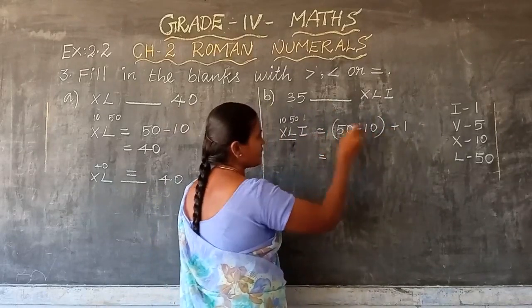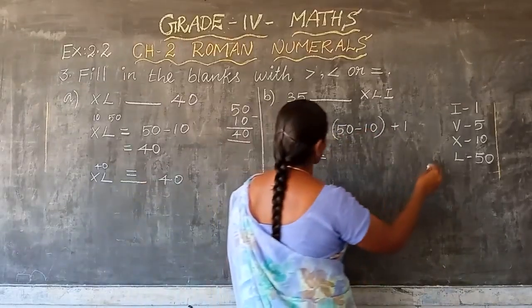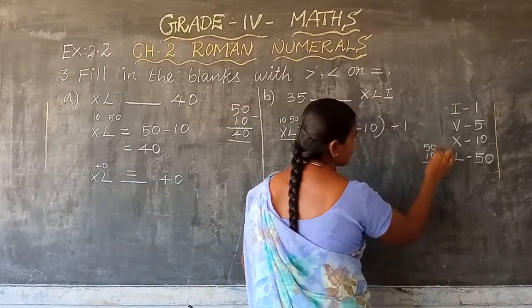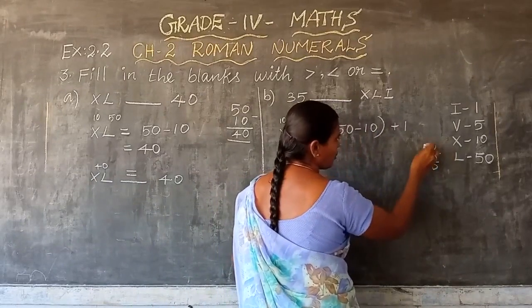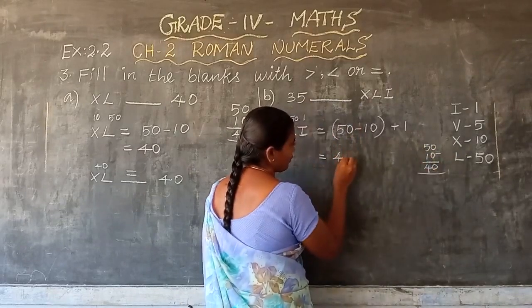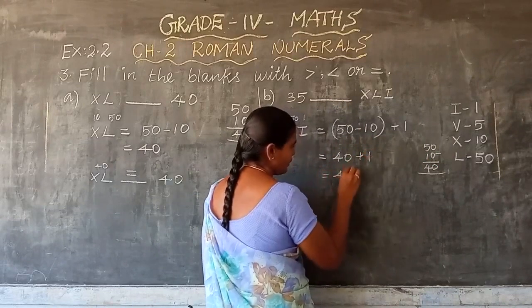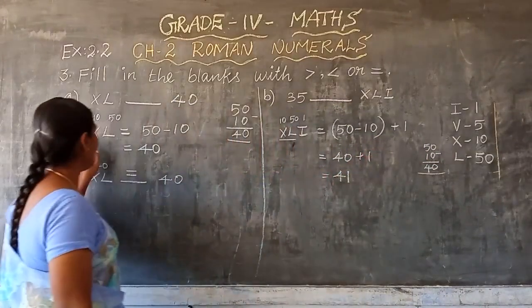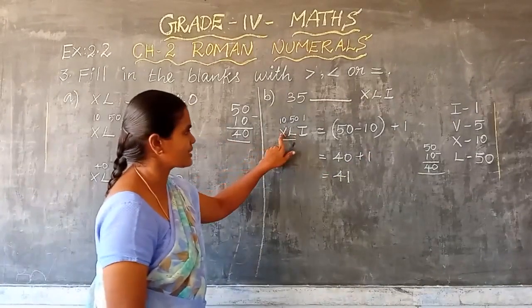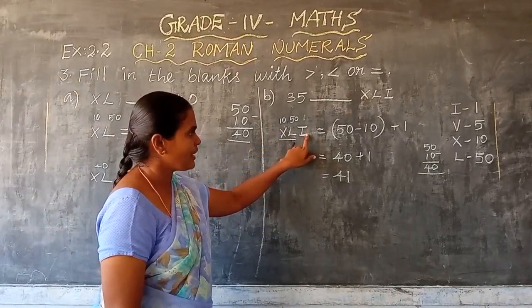So 50 minus 10. Do the subtraction. 0 minus 0 is 0, 5 minus 1 is 4. 40. 40 plus 1, 41. See here, XL value 40. So XL value 40 plus I value 1.